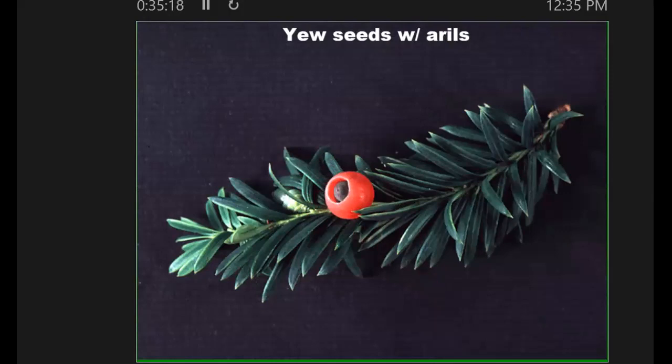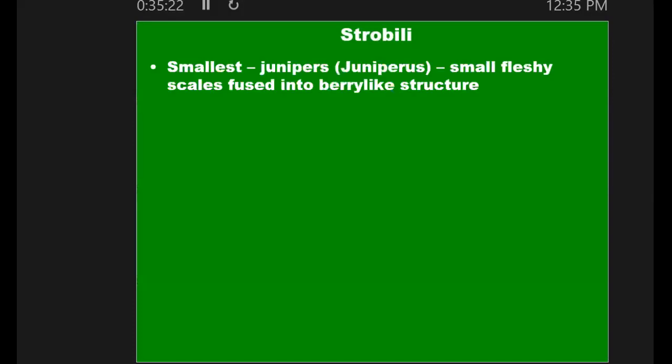Okay, so yes, there's some exceptions, but if you think about most of the pine cones, the female cones, they are complex strobili, really. That's where the sporangium tissue is all located. So technically, it's strobili. And you can have tiny ones, like the juniper. Around here, our junipers tend to be more like bushes. They grow lower to the ground.